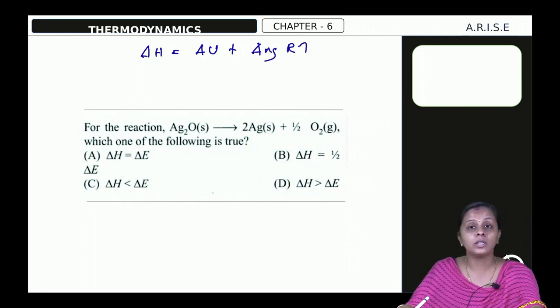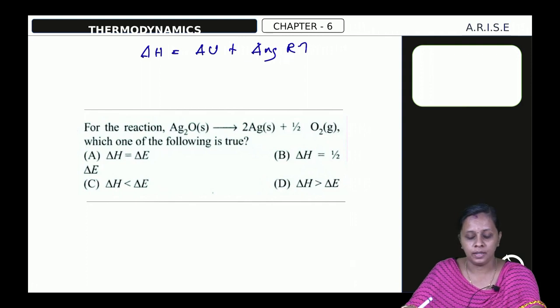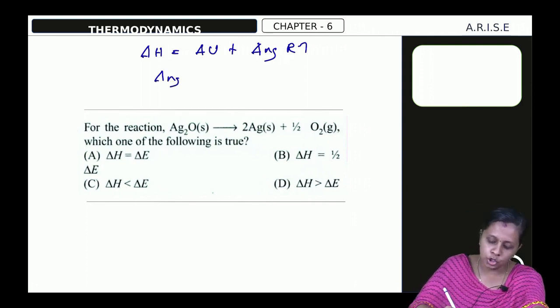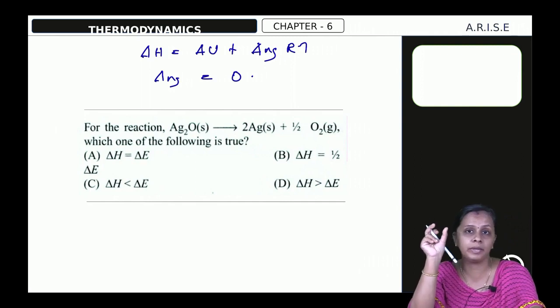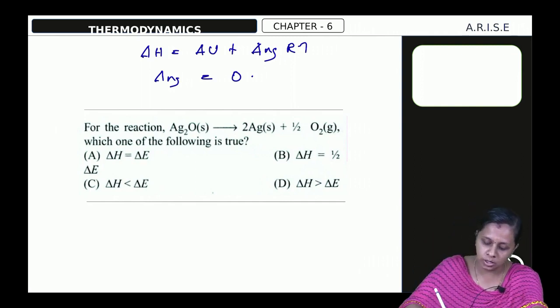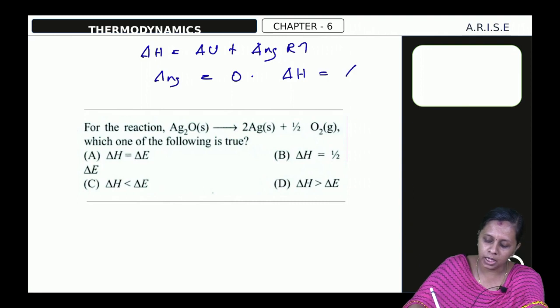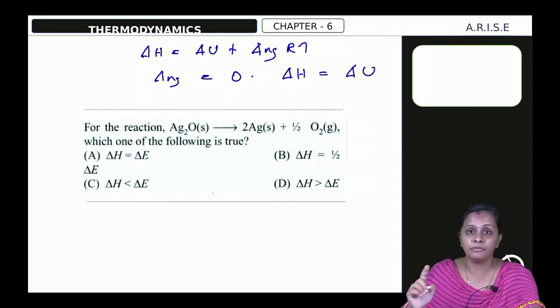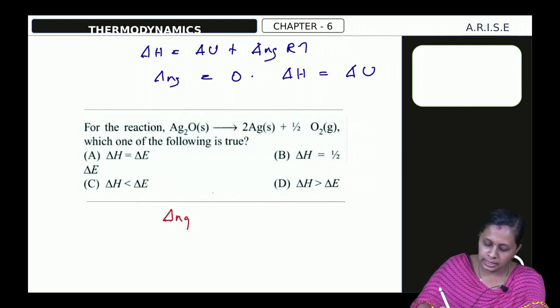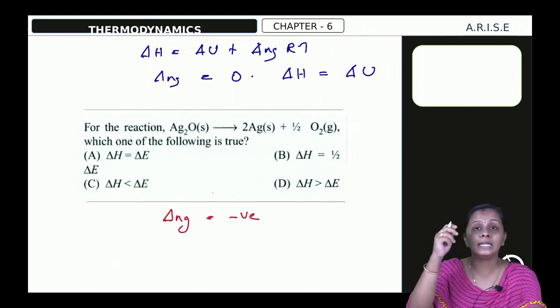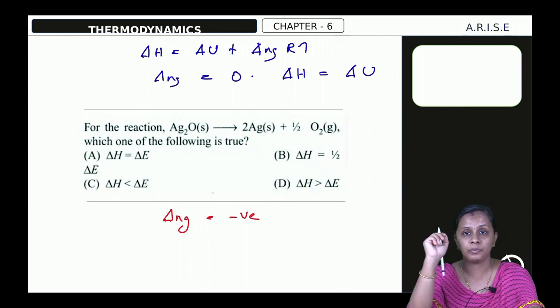So it is based on the value of delta Ng. If delta Ng is equal to 0, this delta Ng RT part becomes 0, right? So in that situation, delta H will be equal to delta U. That is the first situation. Now the second situation, delta Ng is negative. Delta Ng is negative means what?